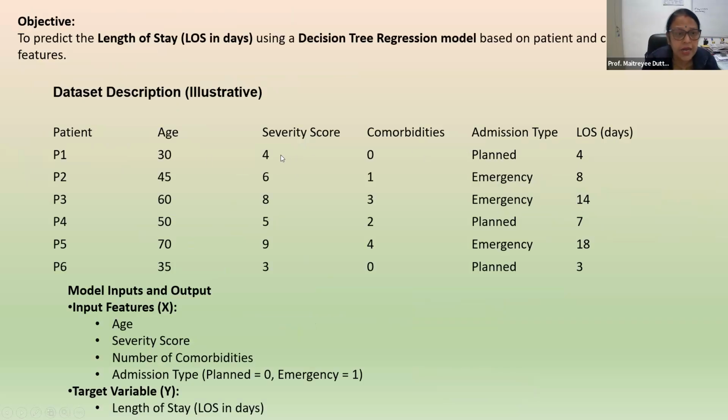For patient 1, patient 2, patient 4, and patient 6, three are planned and one is emergency. Patient 2 is emergency, and patients 1, 4 and 6 are planned.